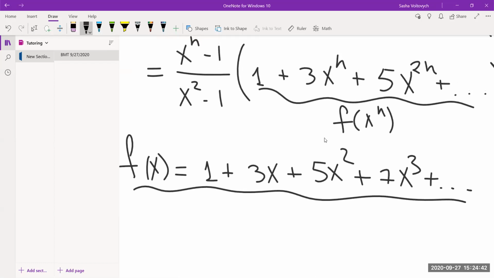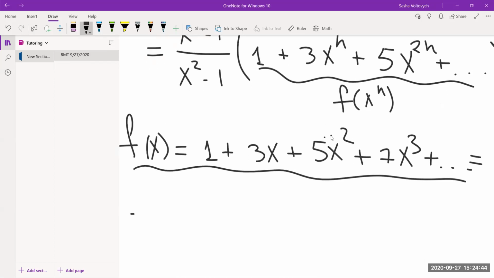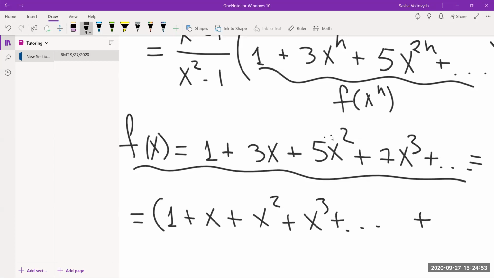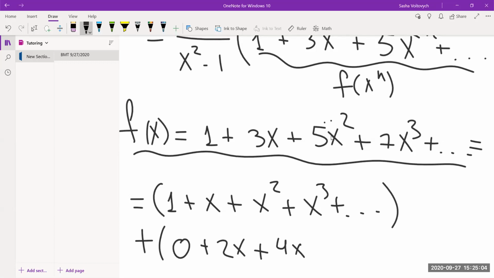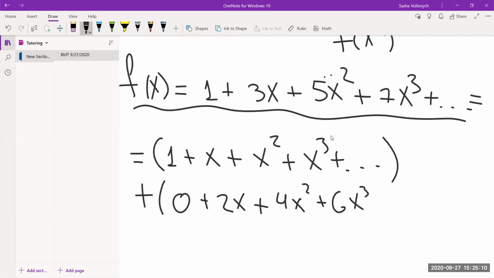So first of all, we can break it into two parts. So you can separate this well-known generating function, and this would be plus 0 plus 2x plus 4x squared plus 6x cubed and so on.